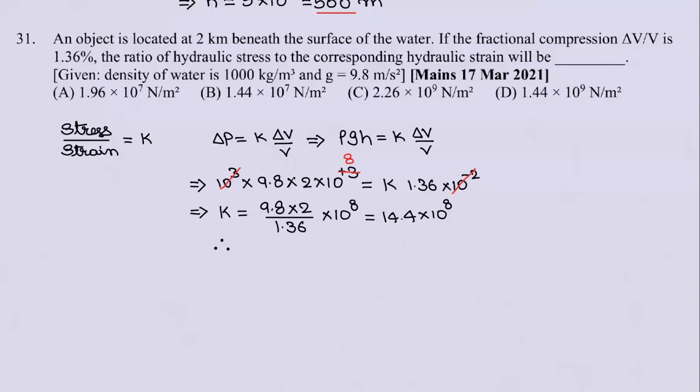Therefore, bulk modulus K is equal to 1.44 and something, we stop it here, into 10 power 9. That is the answer. Units are Newton per meter square for bulk modulus, because stress has units Newton per meter square and strain doesn't have any units. So that's it. Good.